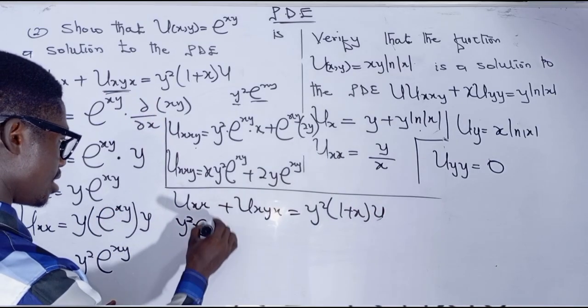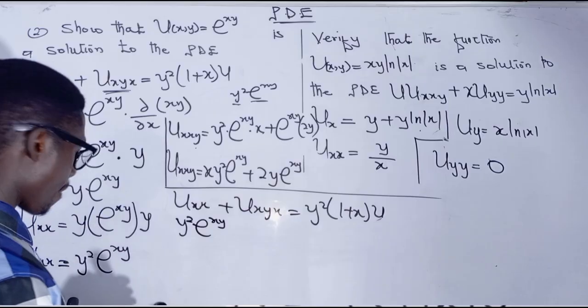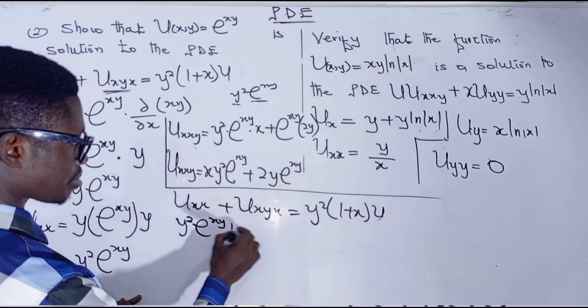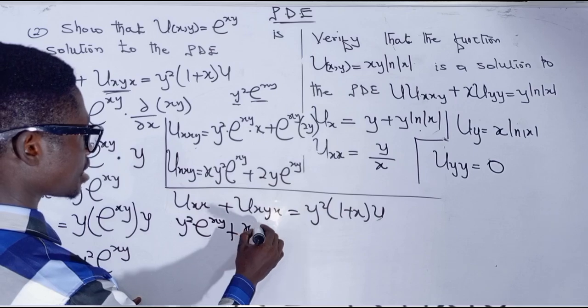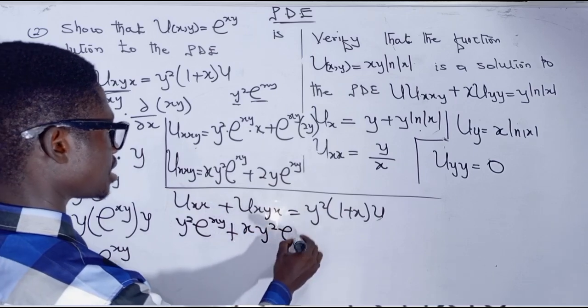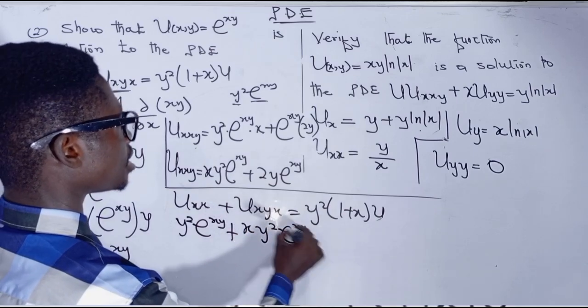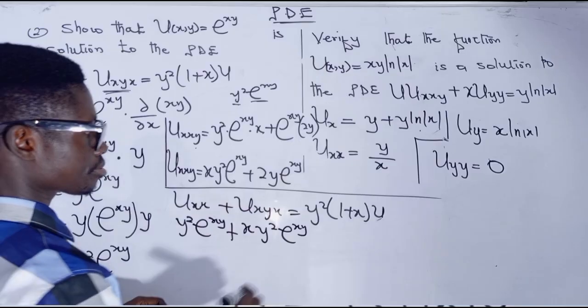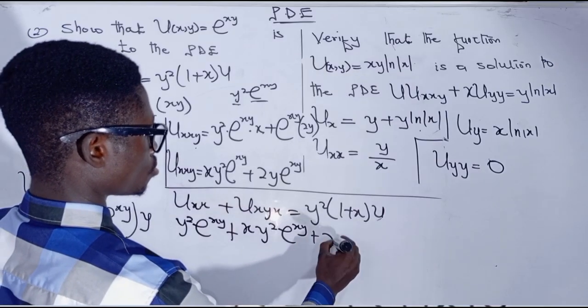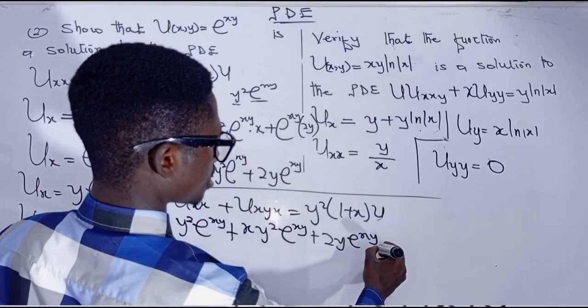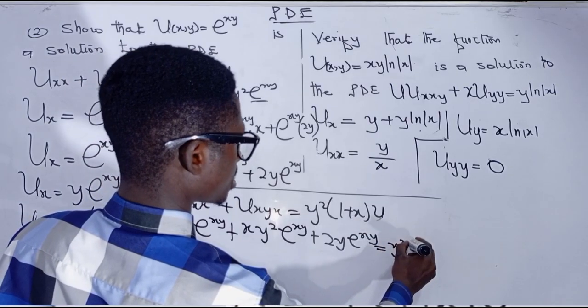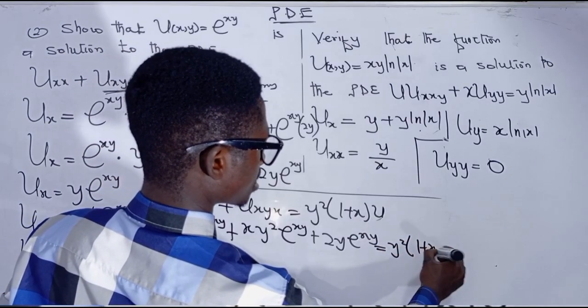So we have y squared e^(xy), plus our u_xyx, which we had as x y squared e^(xy) plus 2y e^(xy), is equal to y squared (1 plus x).